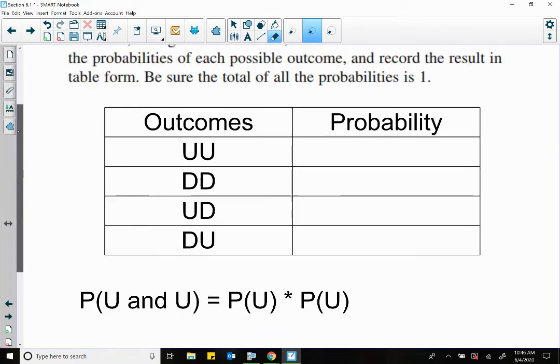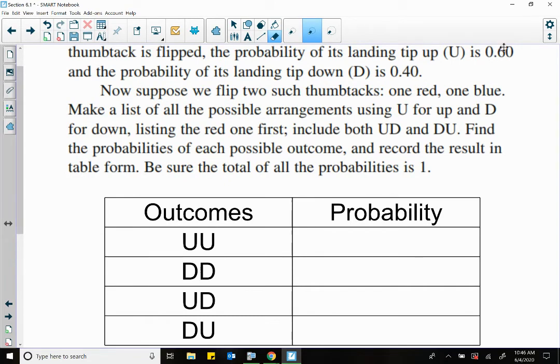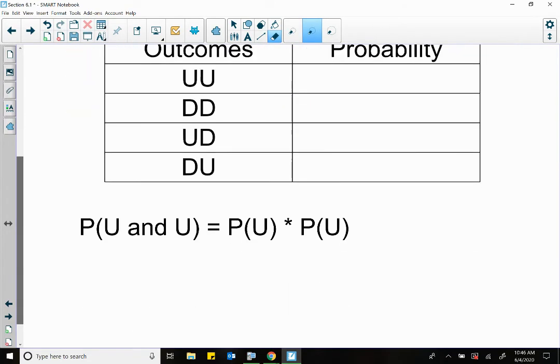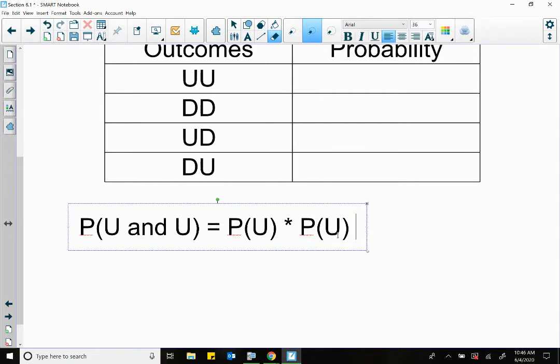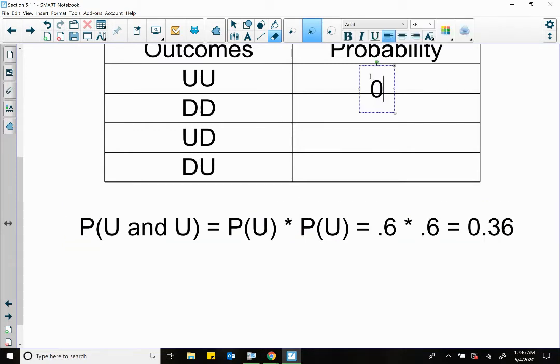And we know the probabilities for up. Up is 0.6. Okay? So all that's going to happen is you're just going to go to your handy dandy calculator. You're going to take 0.6 times 0.6. Okay? And 0.6 times 0.6 is 0.36. So there's the probability. Oops. That's not what I want.